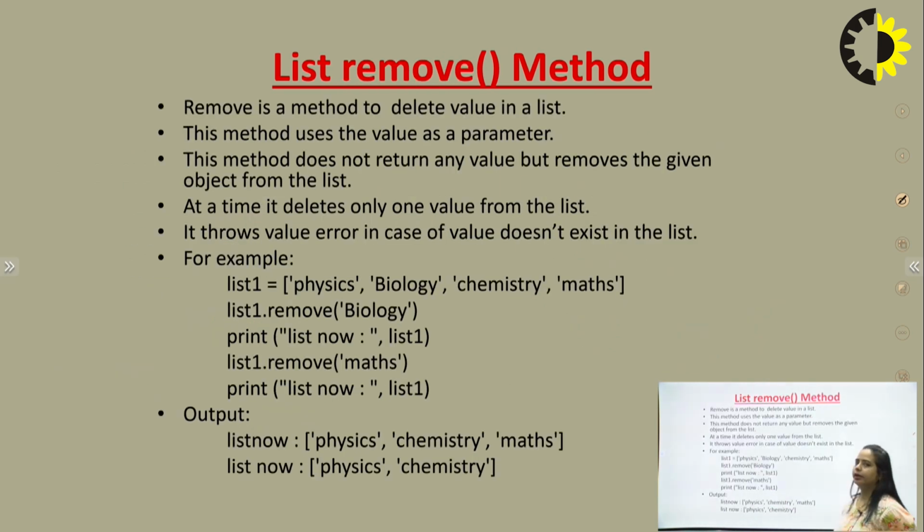Next, your remove method. Remove method is also used to delete a value from an existing list. This uses a value as a parameter. In the pop method, I am using the index value.